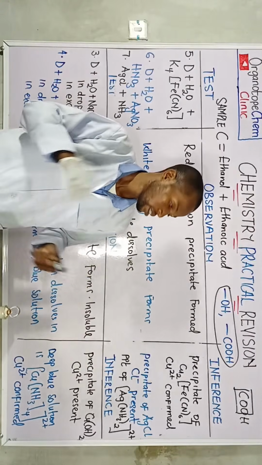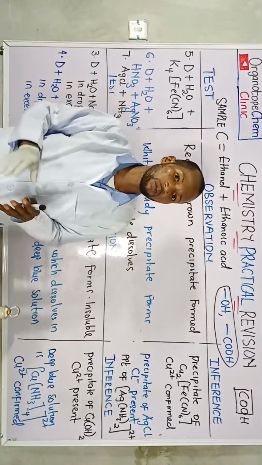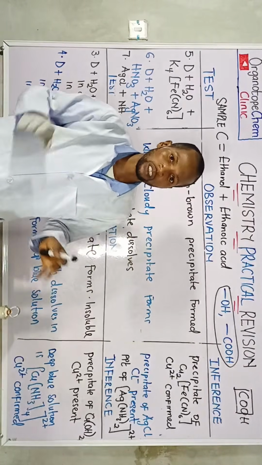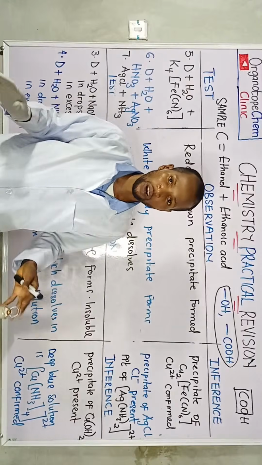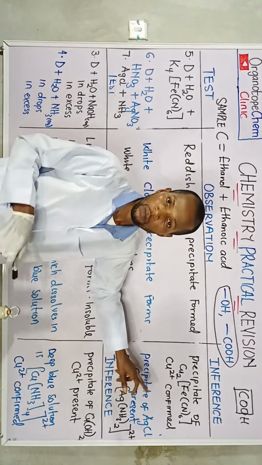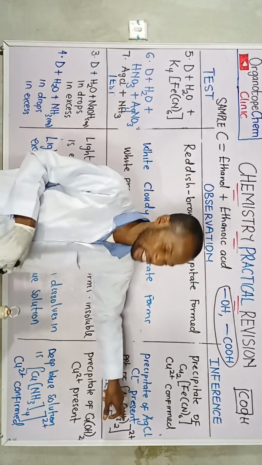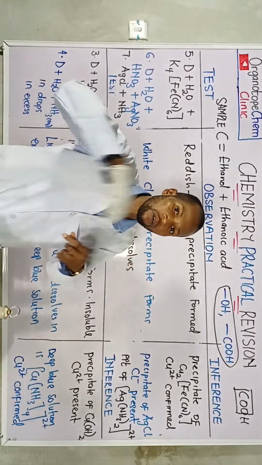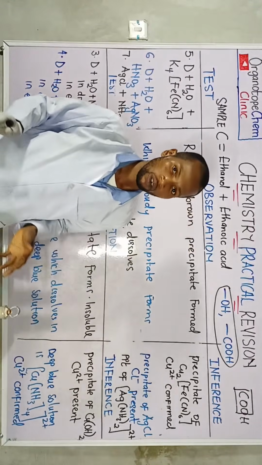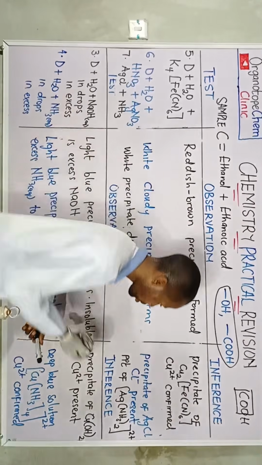So since the white precipitate dissolved, it has actually confirmed the presence of chloride. So we can now write chloride present. But the previous inference is chloride present. Now with the ammonia, we can write chloride confirmed. So let's write chloride confirmed.